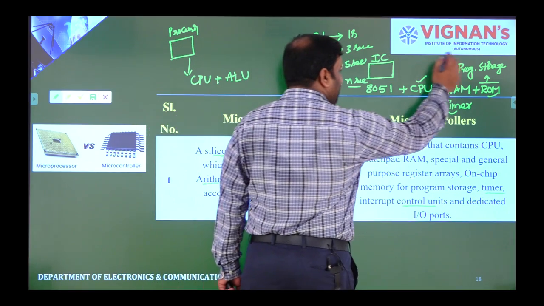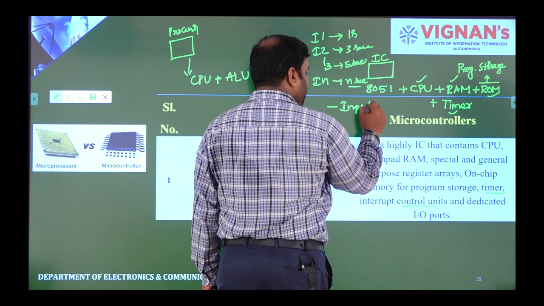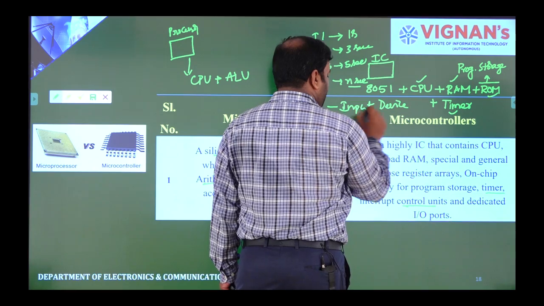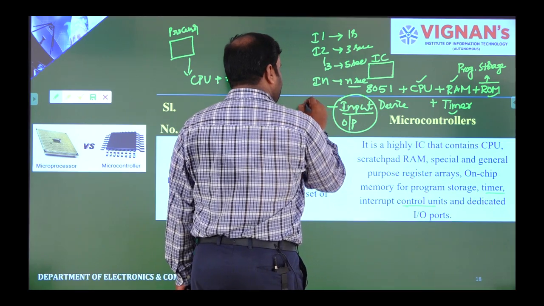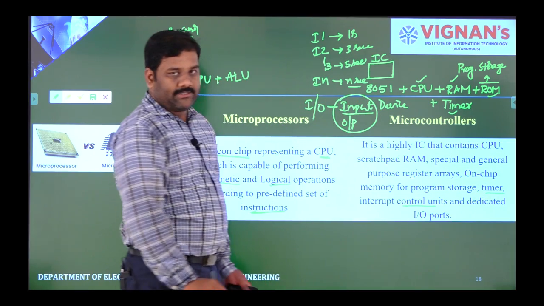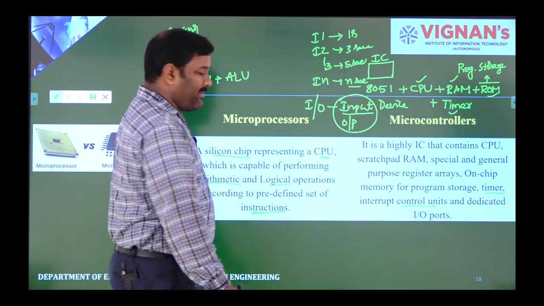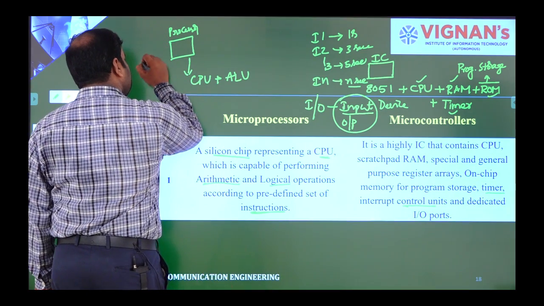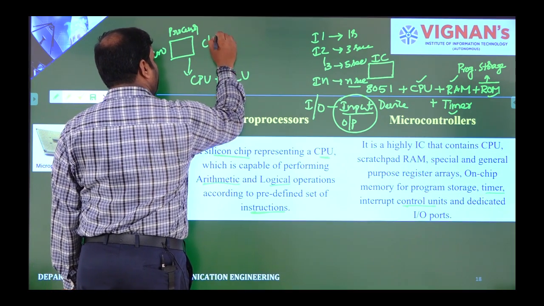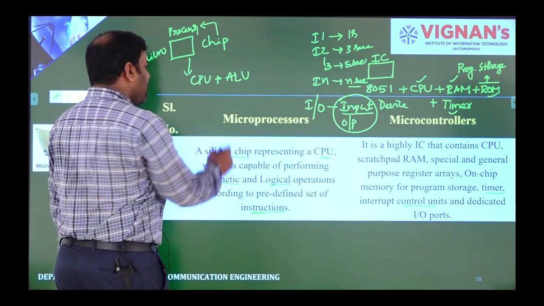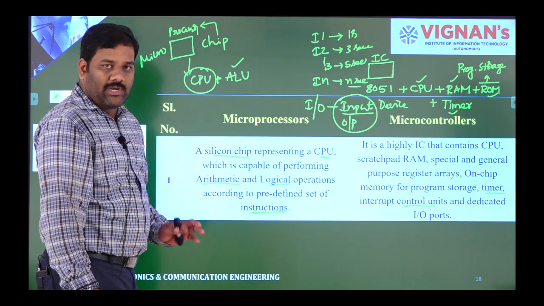Once the entire operation is performed, you need to execute it by using either an input device or an output device. We commonly call them input or output devices. Let us have a brief description of the two points. A microprocessor consists of one silicon chip, which we know as the processor, and in this chip we have one CPU to perform the arithmetical and logical unit operations only.